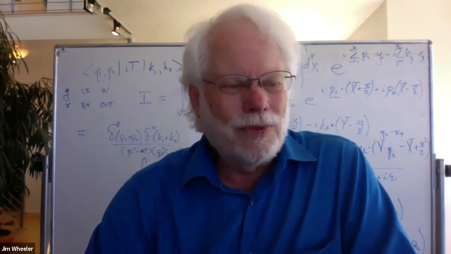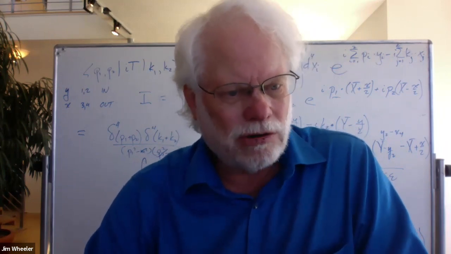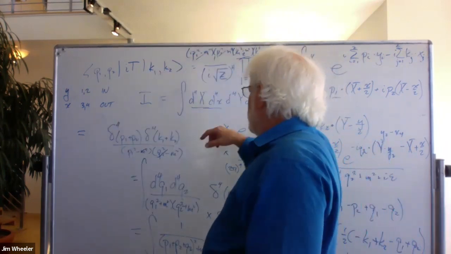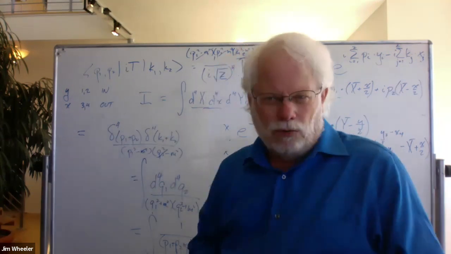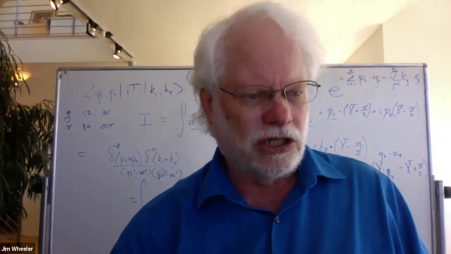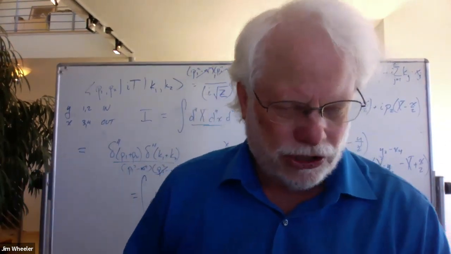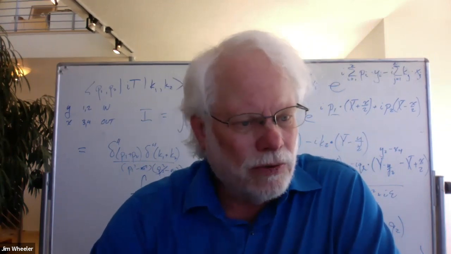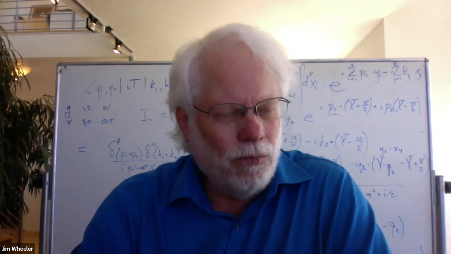So those make this whole contribution 0 despite the delta functions. I mean, we can replace P2 with minus P1 or whatnot. There are still delta functions there, but asymptotically, those don't contribute. Those are 0 too. So this matrix element actually gives 0.